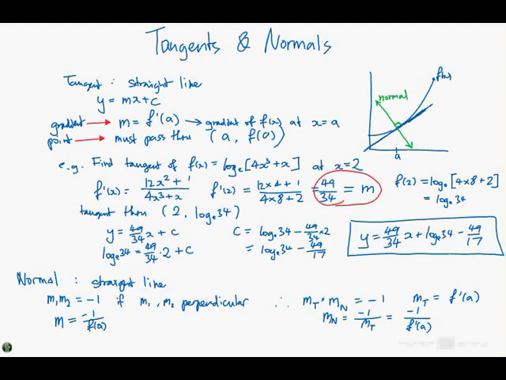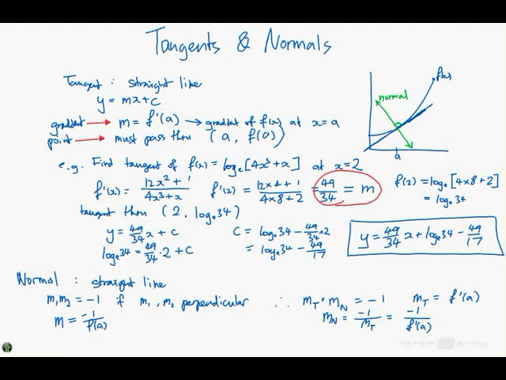And the other condition is that we must pass through that same point that the tangent passed through. Sorry, wrong color. Okay, sorry about that.